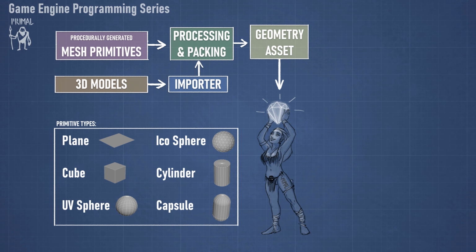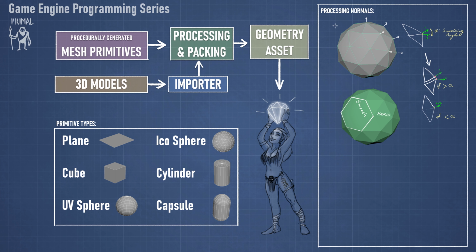So right now the processing stage consists of two parts. The first part is to determine which edges should be soft edges and which ones should be hard edges. And as you can see here, depending on what smoothing angle we give the processing stage, it will create soft planes for us or hard edges.